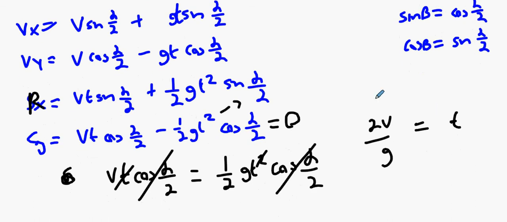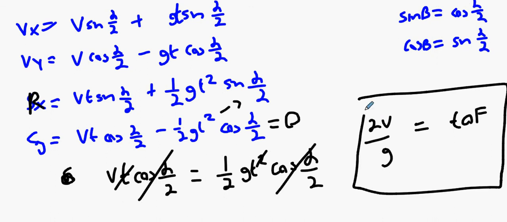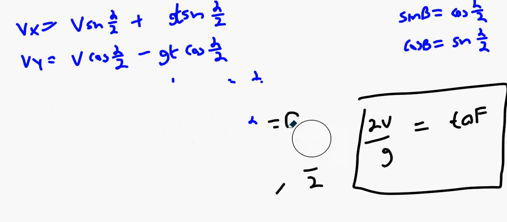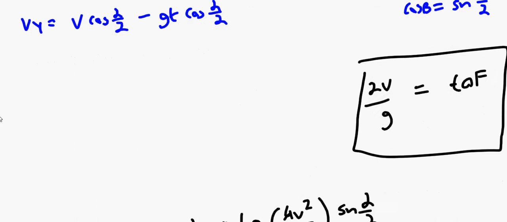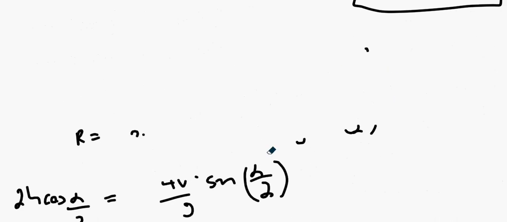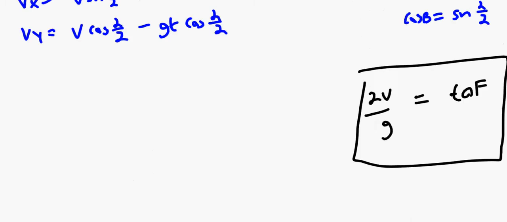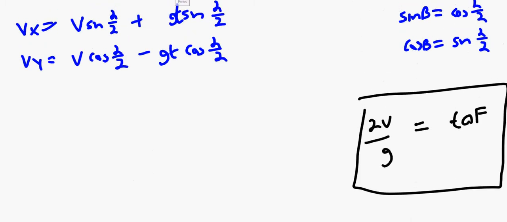You get your time of flight, your TOF, and you lob it into your Vx and your Vy. So this part here is awful. Alright, so here's what you do.